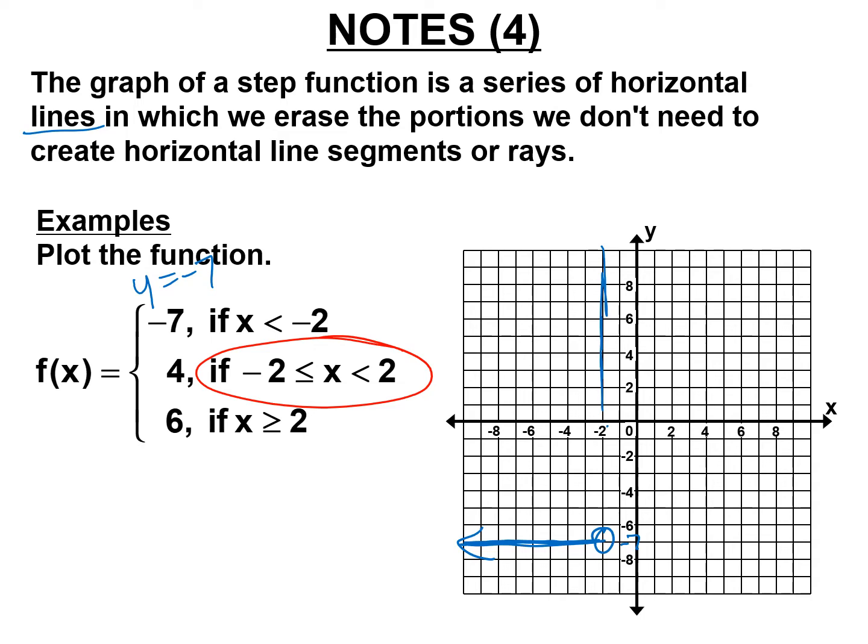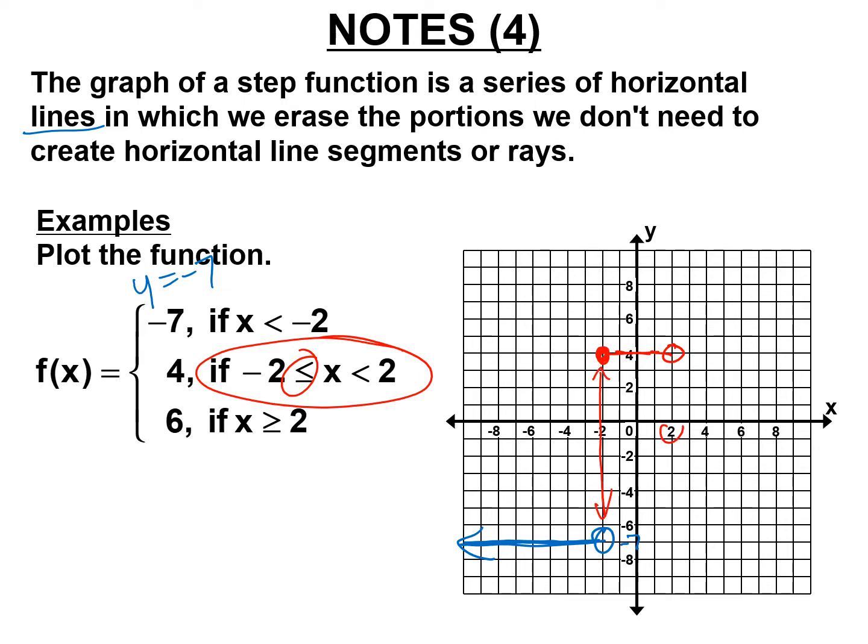So for this whole section, y equals 4 from between -2 and +2. I better graph that correctly. So from -2 and +2, and we have a closed circle at the -2 portion and an open circle on the +2 portion. And now notice, we had this yesterday, right?